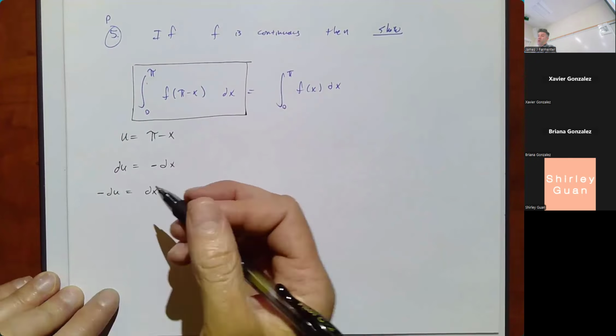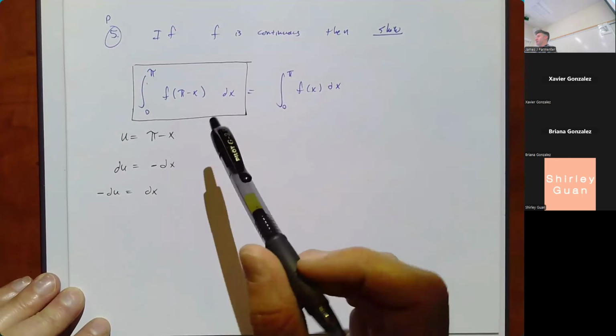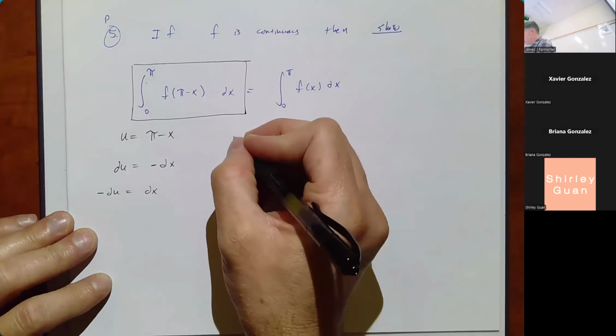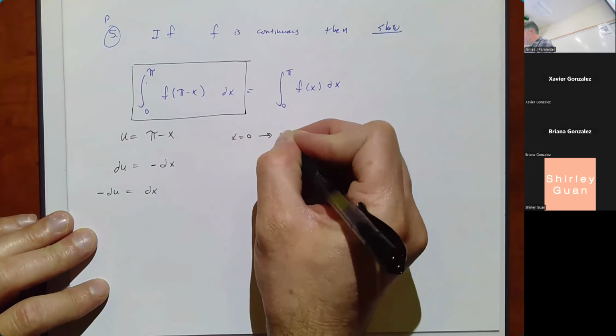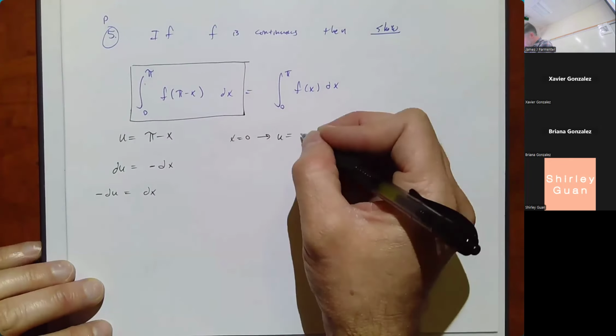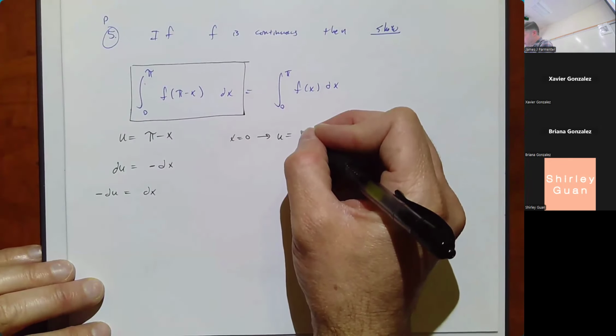And this is an example of where the reason I like this question is because it's kind of forcing you to have to change limits of integration. You really cannot do this problem without changing limits of integration. So if x equals 0, what's u going to equal? Everybody. Or nobody.